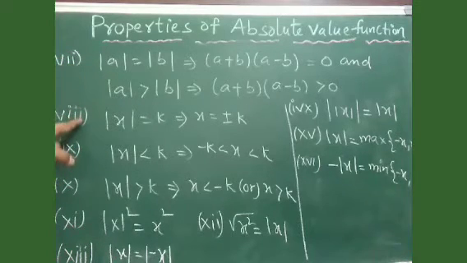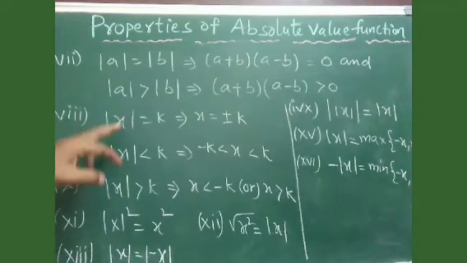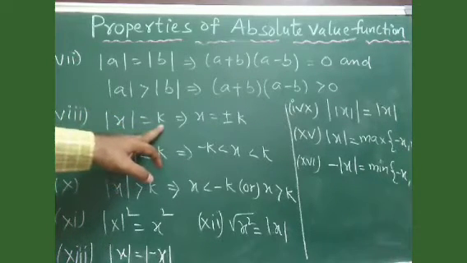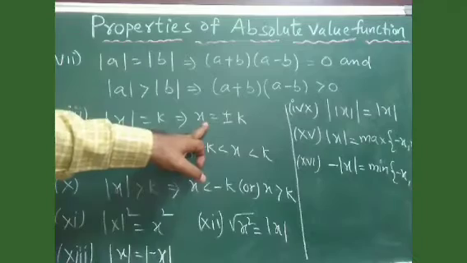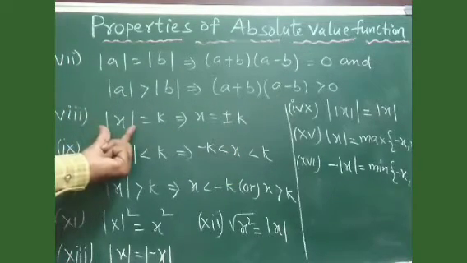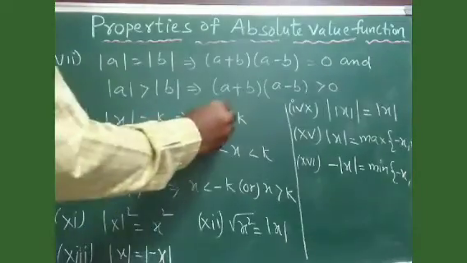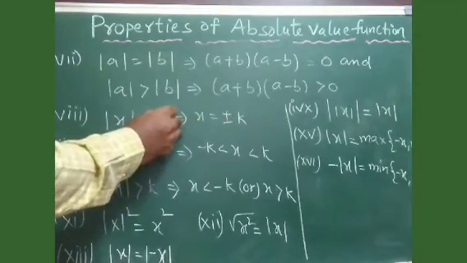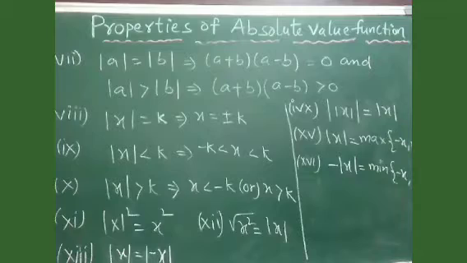Now coming to the 8th, which we know already, modulus of x equals k. Hence we write that x equals plus or minus k. When we remove the modulus, we need to take plus or minus on the other side, where there is no modulus.